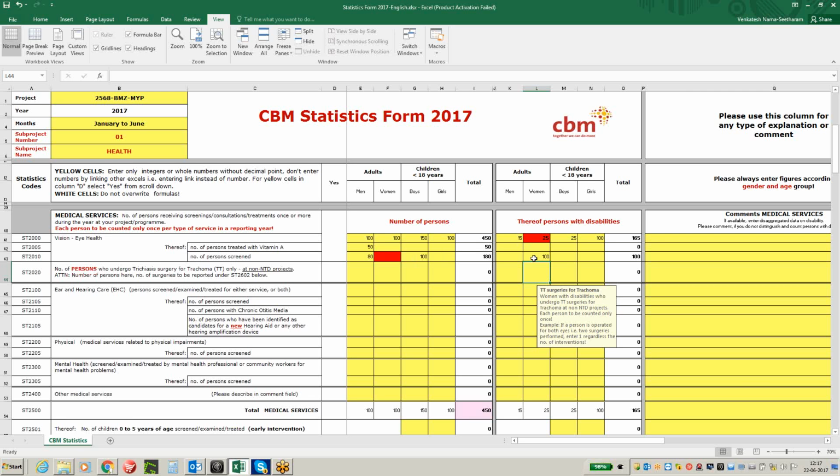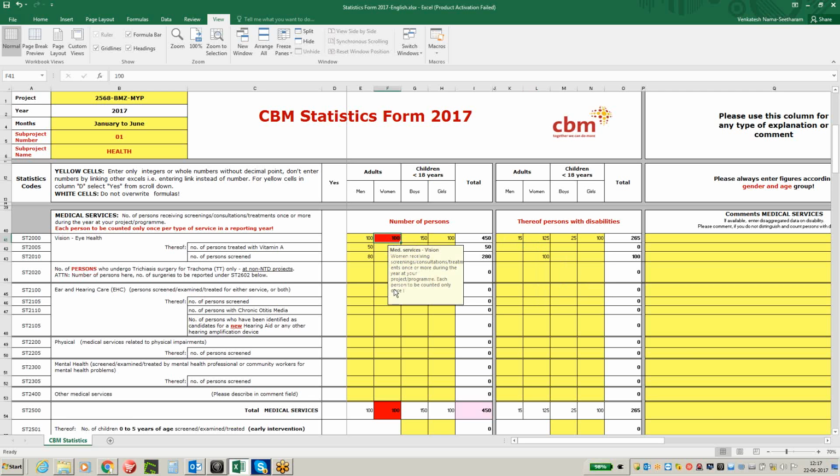You can see the logic is this: this 25 should include this 100, and because you have put 100 women, the number here should be 100 or more. If you put 80 here and 100 there, it doesn't go, which means that there should be at least 100 total, where all women are persons with disabilities, and the total number of persons with disabilities should include these women. Until then you don't see the yellow go away. So if you put 125 here, you can again see the women there.